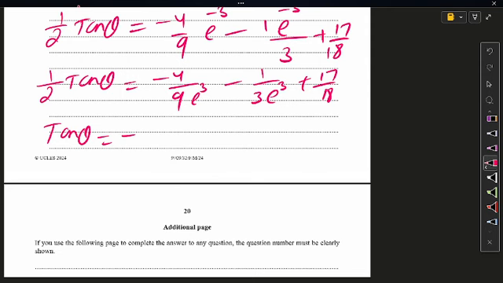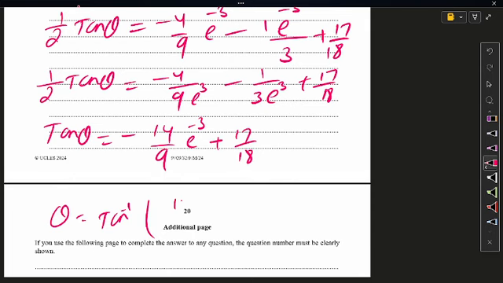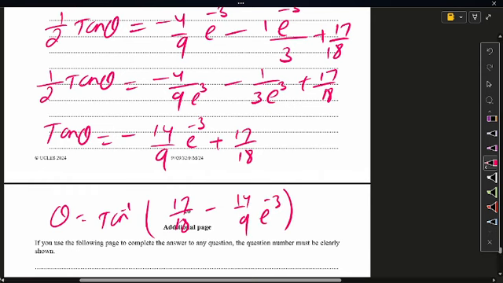Once you take the LCM, at the end you have minus 14 by 9 e to the power of minus 3 plus 17 by 18, and theta will become tan inverse of 17 by 18 minus 14 by 9 e to the power of minus 3. That will be the final answer at the end.